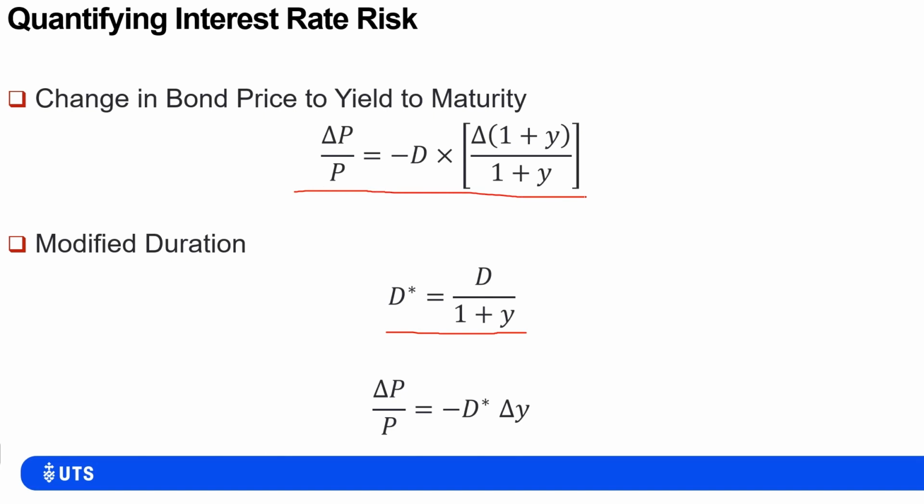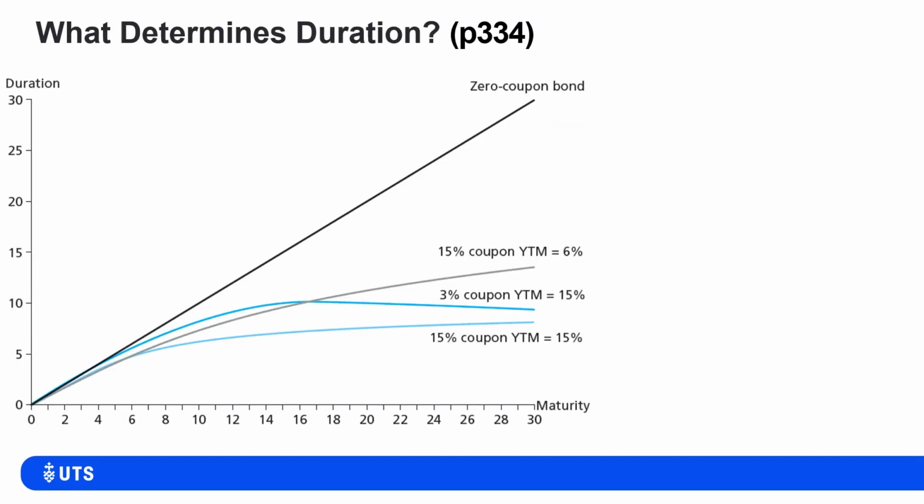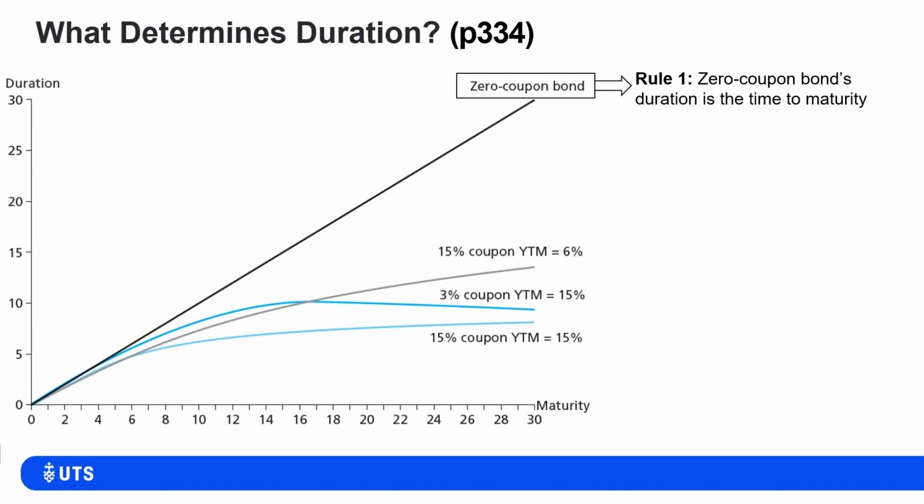This equation means that the proportional change in a bond's price will be equal to the negative of the duration times the proportional change in 1 plus yield to maturity. So duration is just an approximation of interest rate risk.